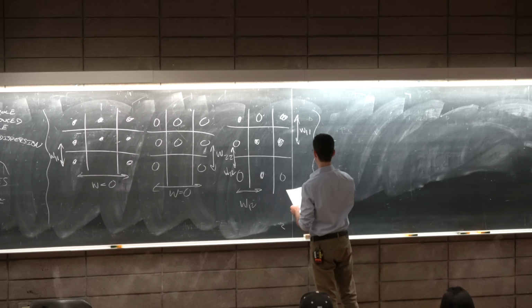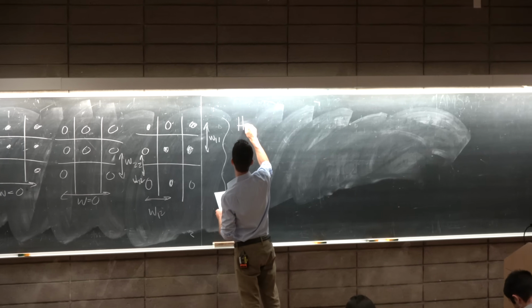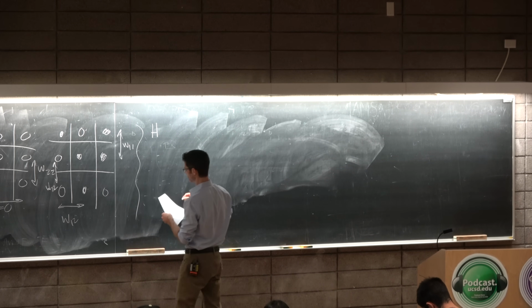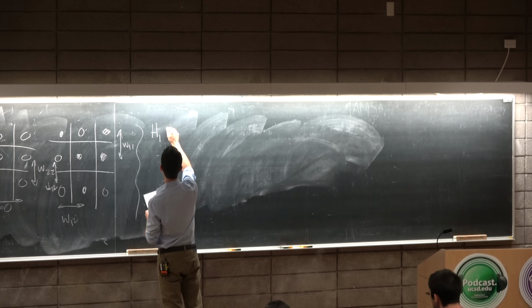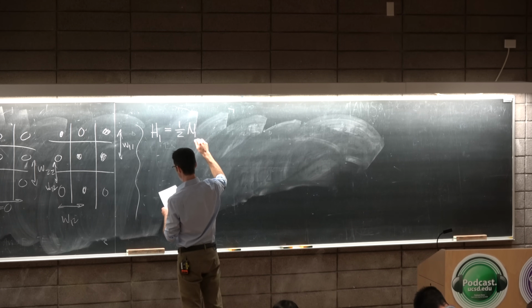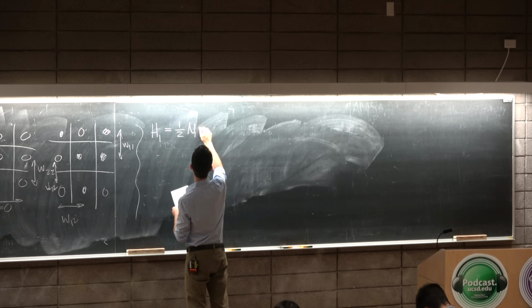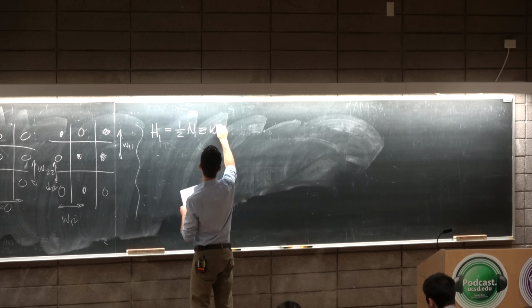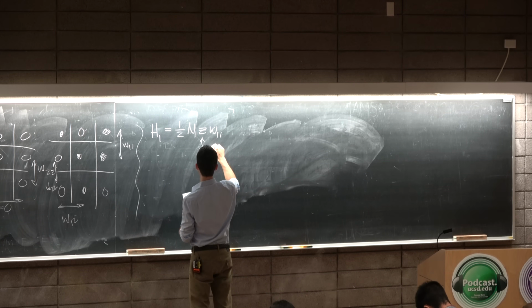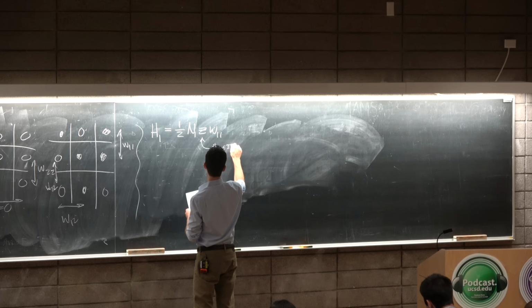Our enthalpy of just the ones is 1/2 the number of ones times Z times W11, where Z is the number of neighbors.